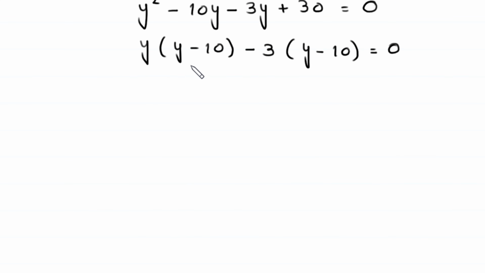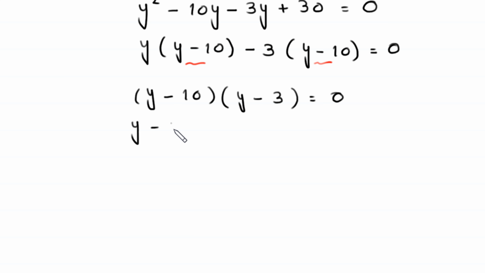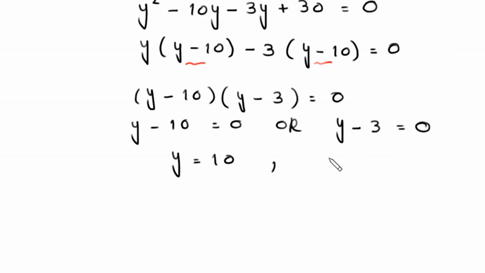Now as you can see, this expression y minus 10 is a common factor, so we factor out this y minus 10, and in bracket left y minus 3 equal to 0. From here, either y minus 10 equal to 0, or y minus 3 equal to 0. From this equation we get the value of y equal to 10, and from this equation we get the value of y equal to 3.